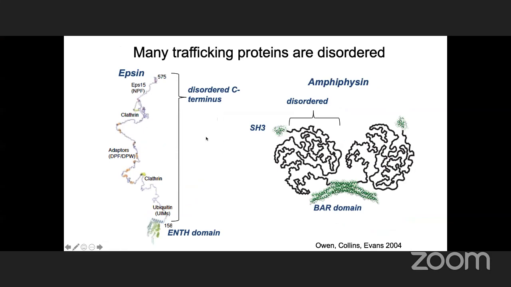Here, I have the same two proteins, epsin and amphiphysin, from the previous slide, but now I'm showing you the full length of the protein, which has large intrinsically disordered regions. While we know a lot about the structured region, we don't know much about the disordered regions.